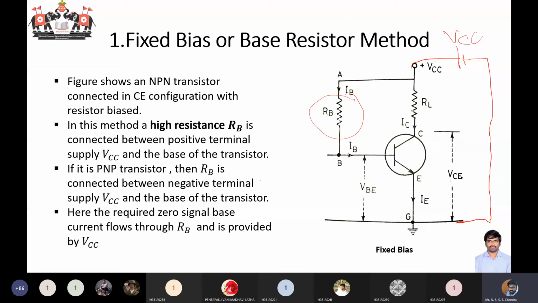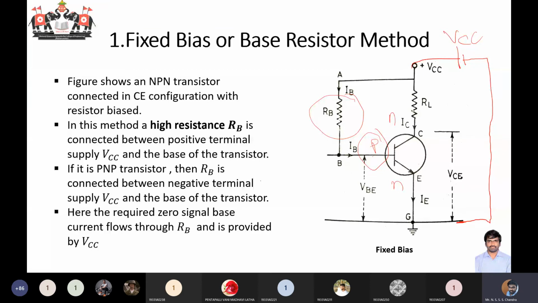Because in an NPN transistor the base-emitter junction should be forward biased. NPN means this is N, this is P, this is N, so a positive supply should be given at the base. For a PNP transistor, a negative supply should be given at the base, because the emitter is P type, so for it to be forward biased the supply is negative.